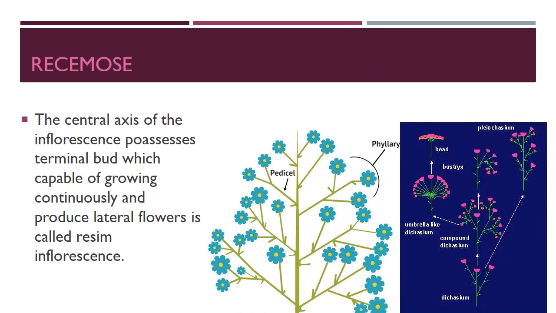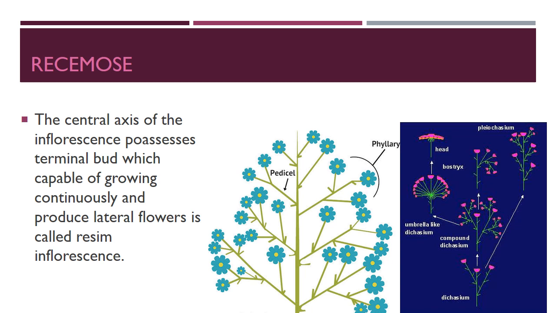Racemose: the central axis of the inflorescence possesses a terminal bud which is capable of growing continuously and produces lateral flowers, and this is called racemose inflorescence. What is the definition of racemose inflorescence? The central axis of the inflorescence possesses a terminal bud which is capable of growing continuously and produces lateral flowers.